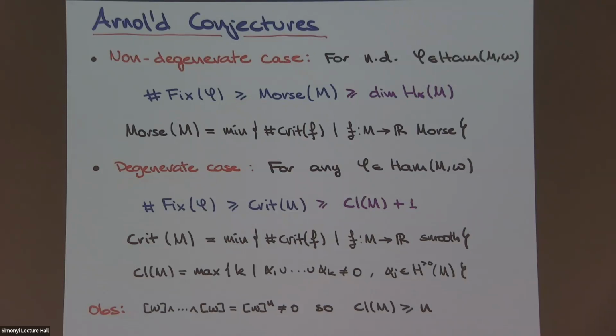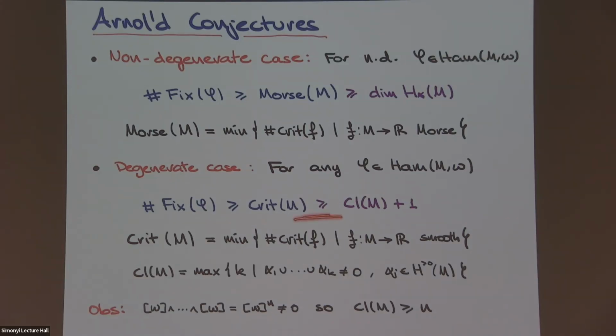Now, in the general case, including degenerate Hamiltonian diffeomorphisms, the Arnol'd conjecture states that the number of fixed points is bounded below by the critical number of the manifold, the minimal number of critical points that a smooth function can have.